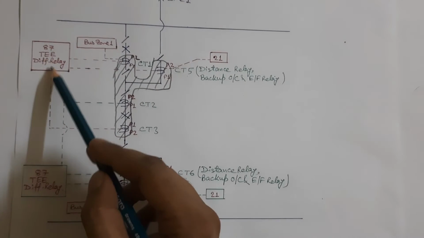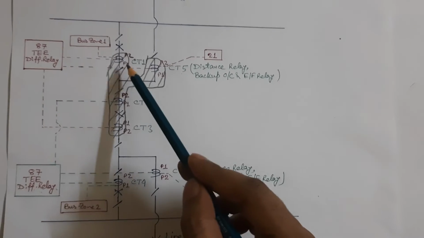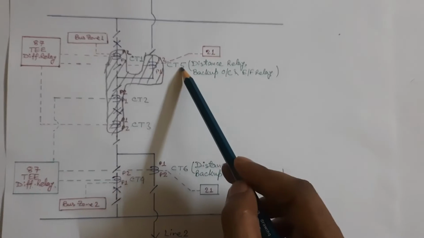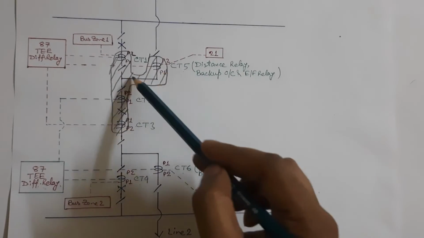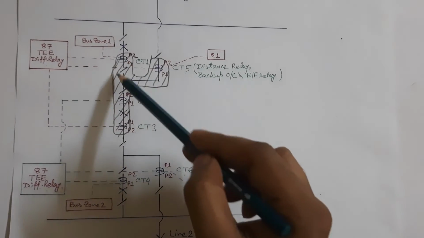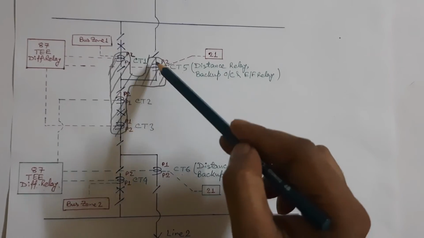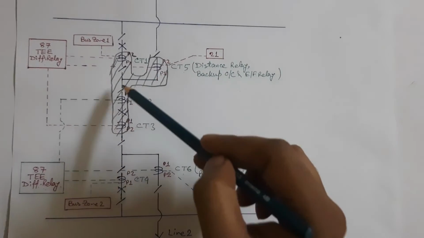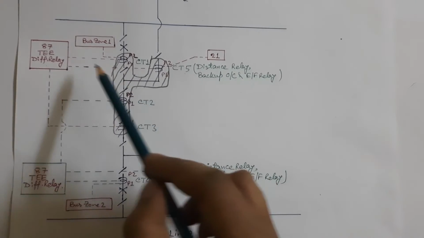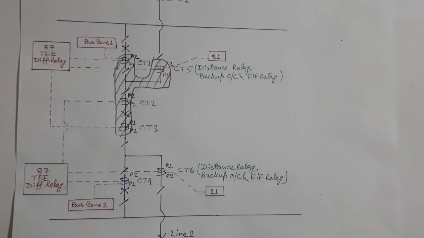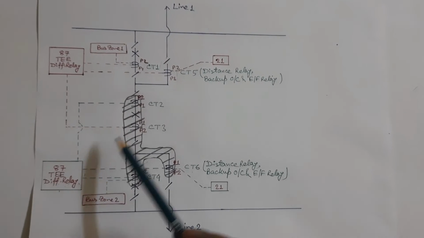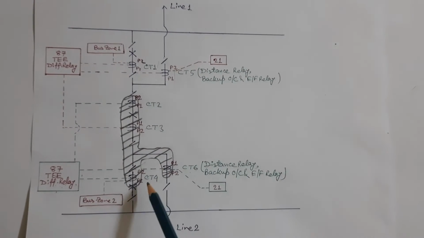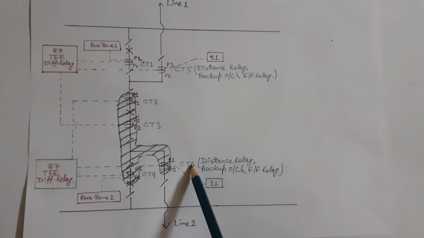As this T differential protection is connected with CT1, CT5 and CT3, this relay will protect this portion. If any fault occurs in this portion, then that will be cleared instantaneously by this T differential protection relay. Similarly, this T differential protection is connected with CT2, CT4 and CT6.